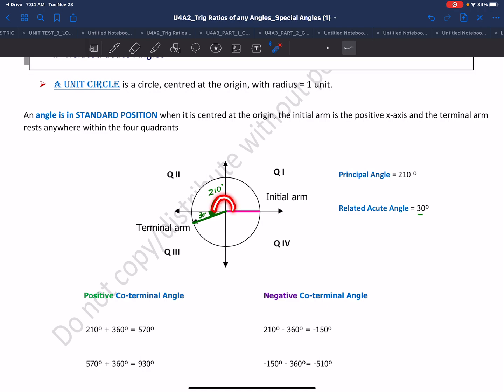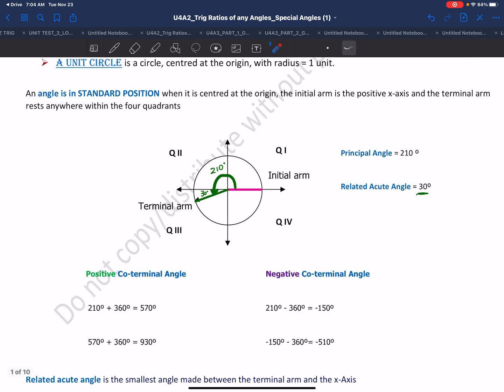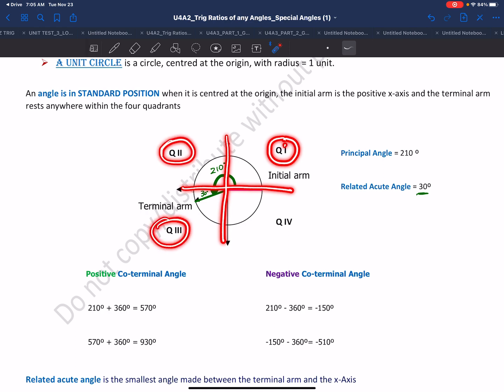Remember, this is 180, so out of 210, we're left with 30 degrees here. This is what we call the related acute angle, and it's an important angle to pay attention to because it will help us determine the exact ratios of the angle 210. Remember that on the Cartesian plane, we have 4 quadrants we focus on, quadrants 1, 2, 3, and 4.